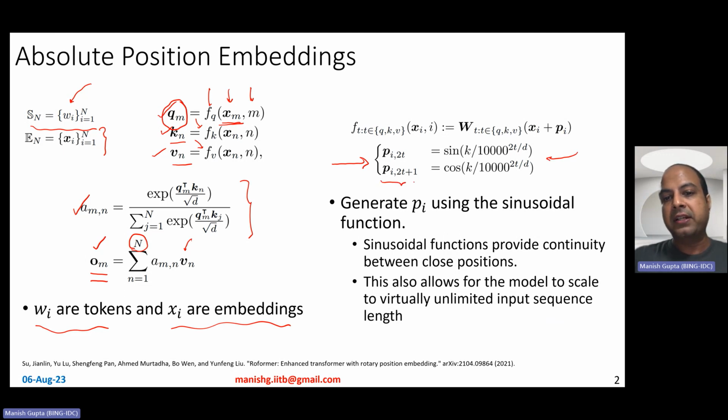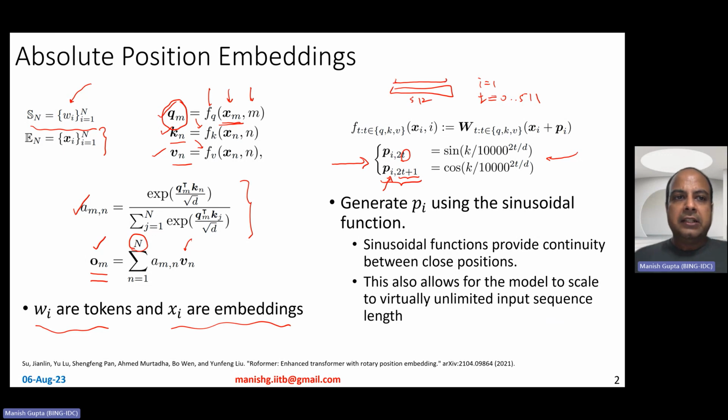So here, if you look at it, i is the position index, and 2t and 2t plus 1 are used, where t is the index within that position. So for example, if you have to come up with a 512-size representation for position number 1, then i would be equal to 1 and t would vary from 0 to 511, because you have to get this 512-sized vector after all, right?